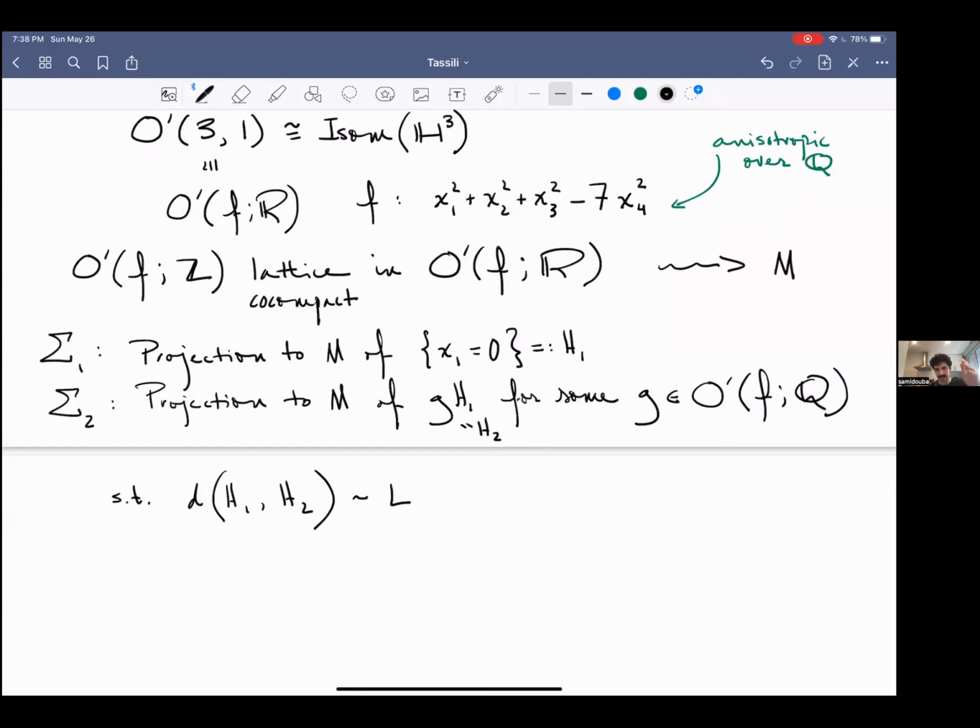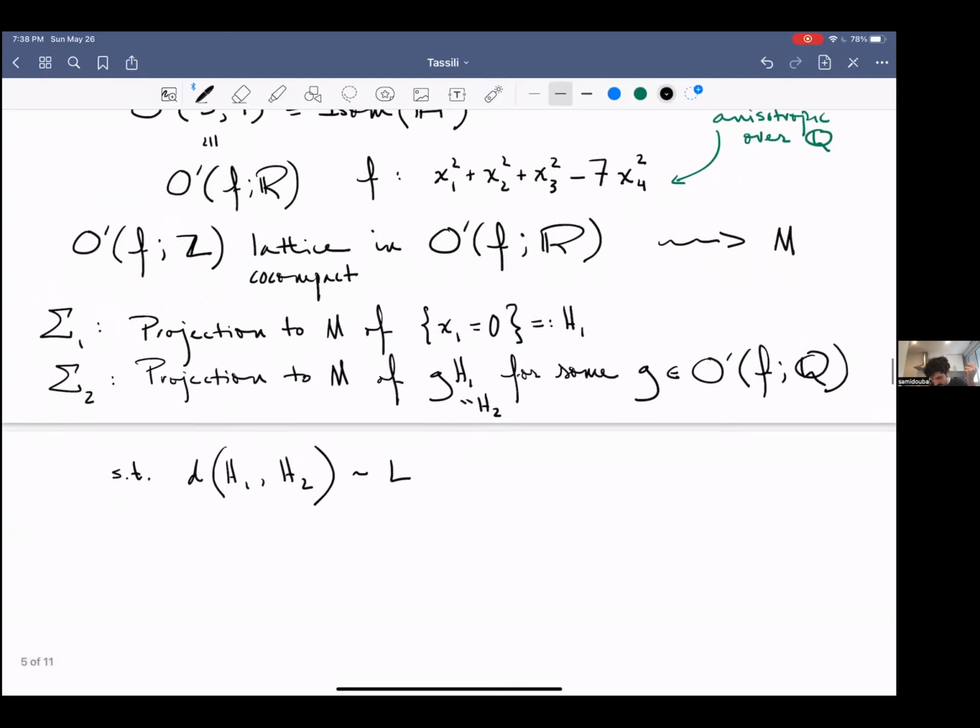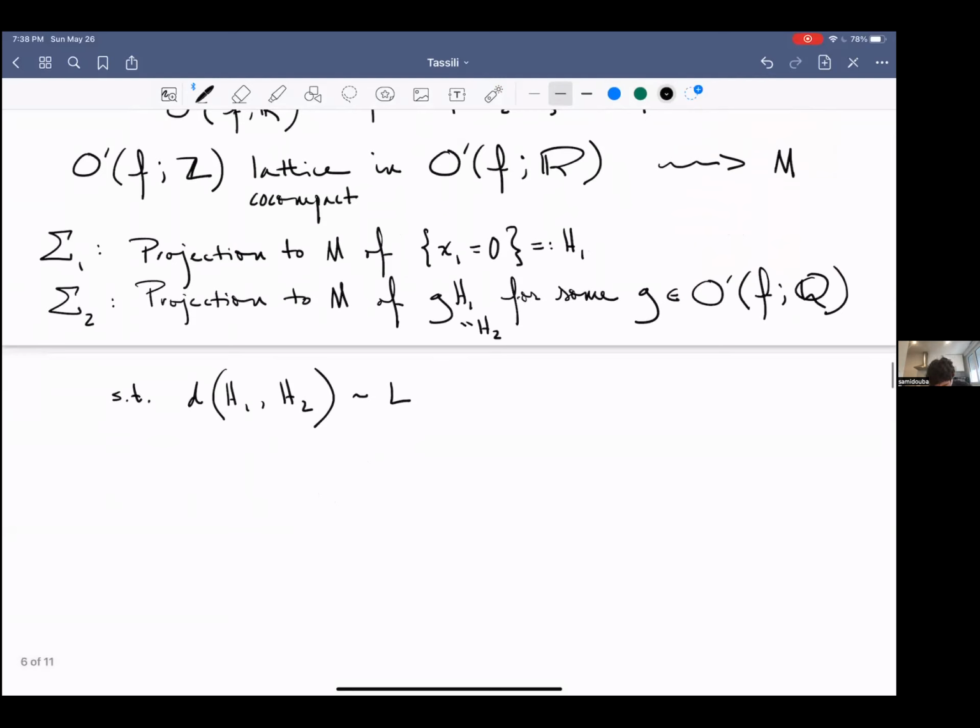It's just the fact that this group commensurates this group. That's the reason. But now what we want is that, so let's say the distance is L.